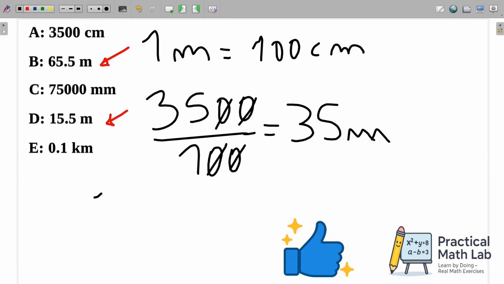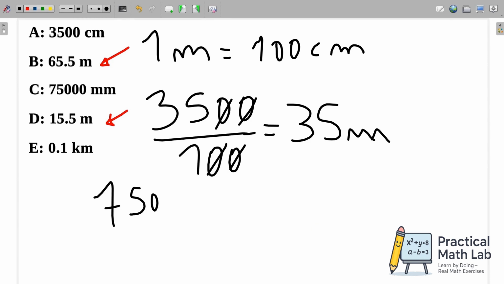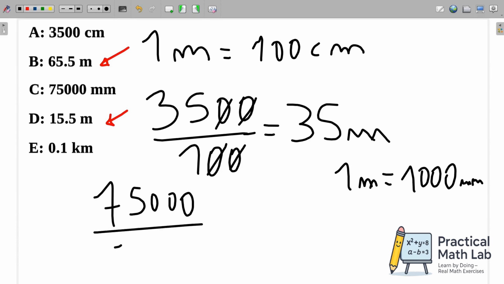Now let's look at letter C, 75,000 millimeters. Each meter equals 1,000 millimeters. So just divide the millimeters by 1,000 to find the meters. Same situation here.